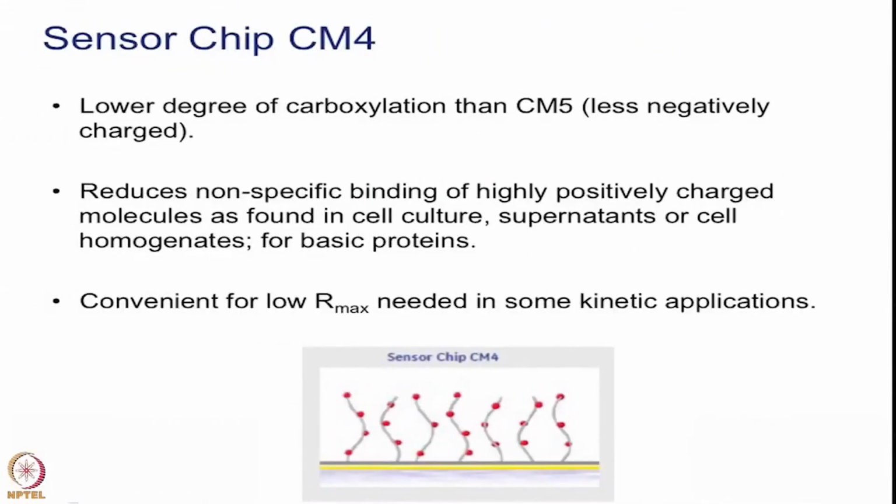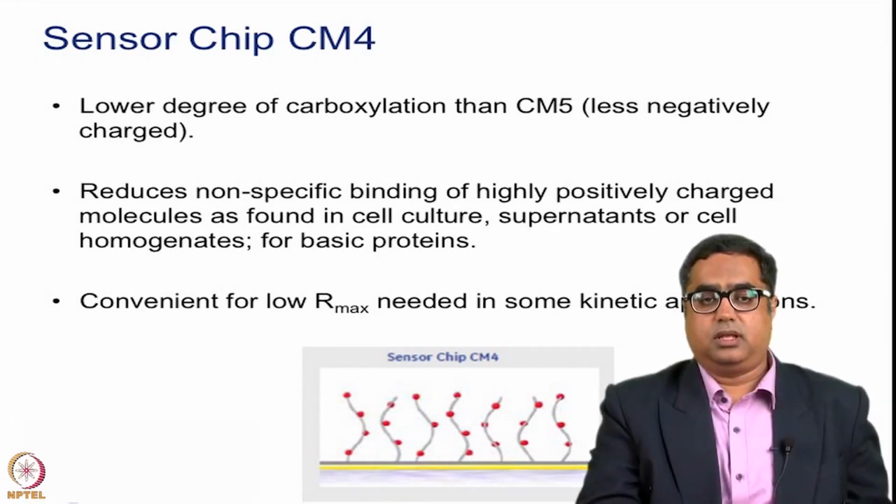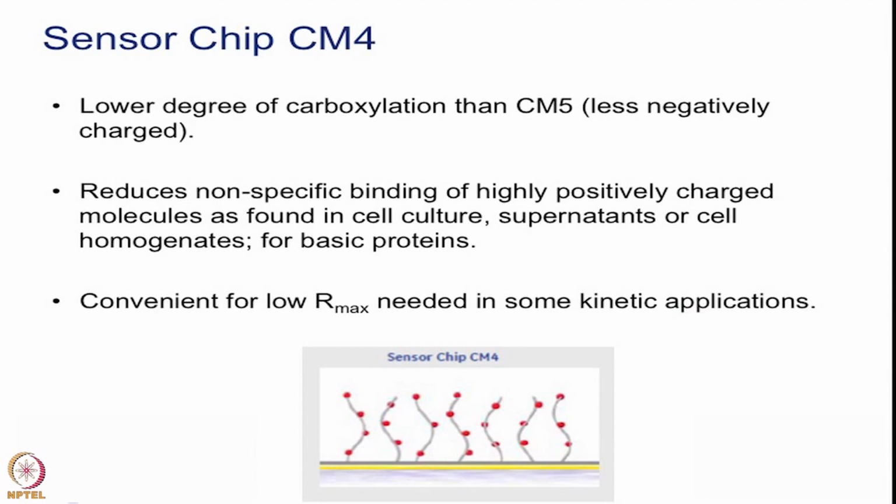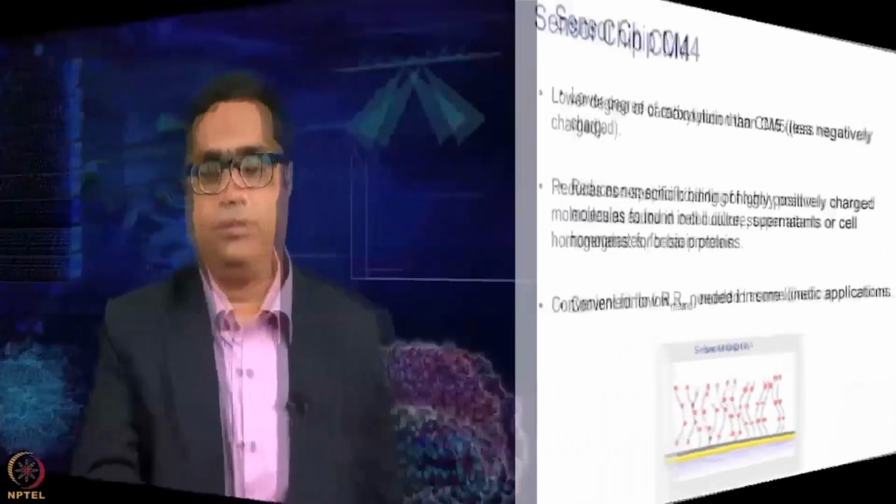Coming to another sensor chip, CM4. CM4 has a little less branching and a low charge, meaning it is less negatively charged, and this chip surface is good for low immobilizations, or low Rmax immobilizations, especially where you are looking at interactions involving biosimilars.